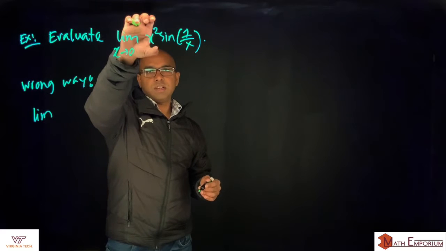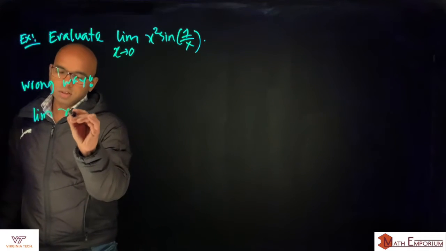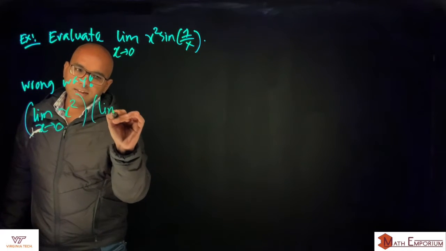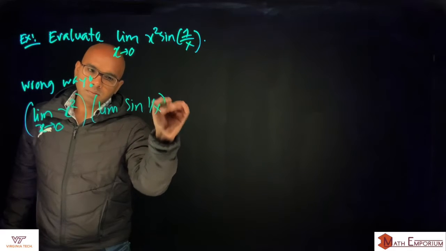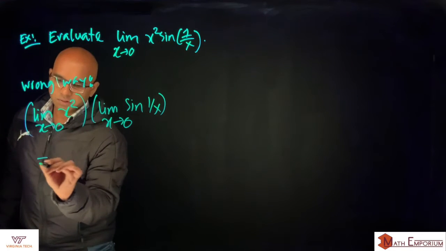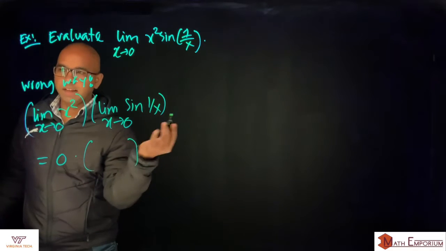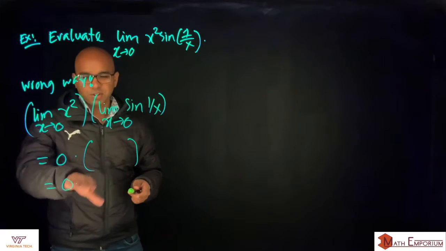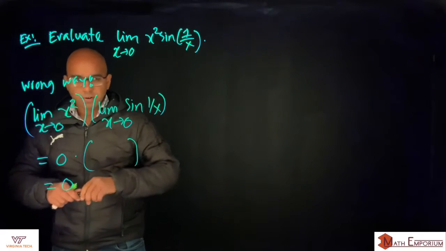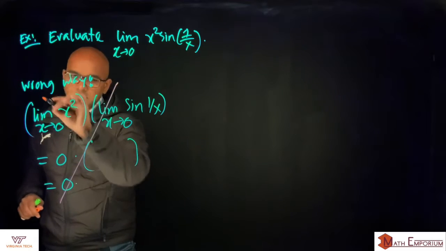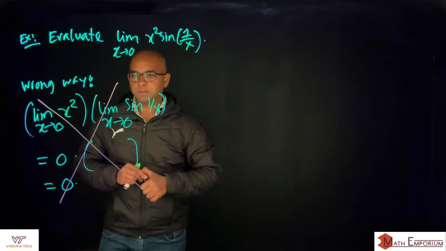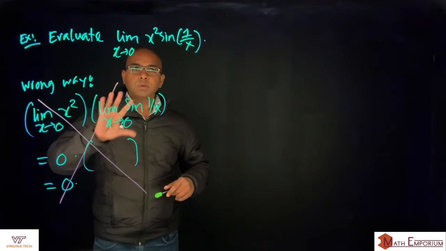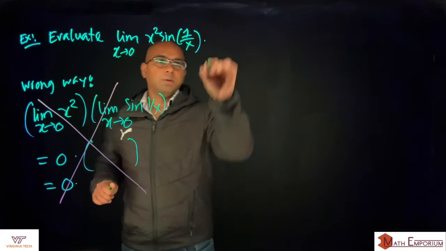They consider this as one factor, that as another factor, and so they get this product rule wrong and write this thing. Now since this is 0, they say 0 times anything is 0. But that's not true. You need to have some number, right? I want to cross this out and say never do this. This is awful, completely wrong. Product rule does not work here.